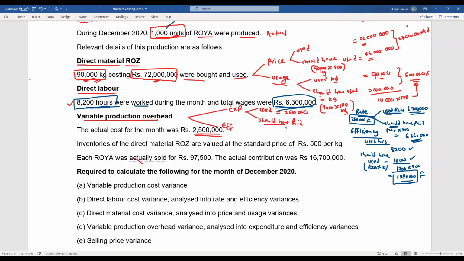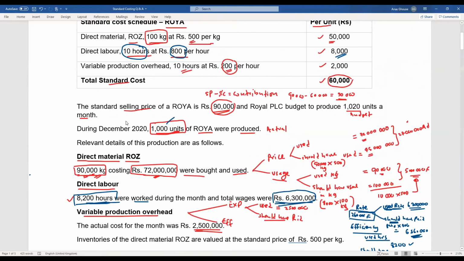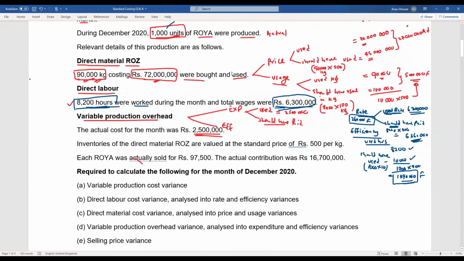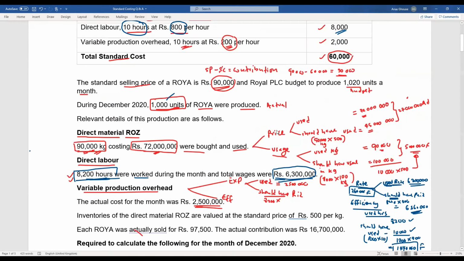So how much should we have paid? Our standard requirement was 10 hours at the rate of 200 per hour. During the period we used 8,200 hours and absorbed the variable production overhead at the rate of 200.